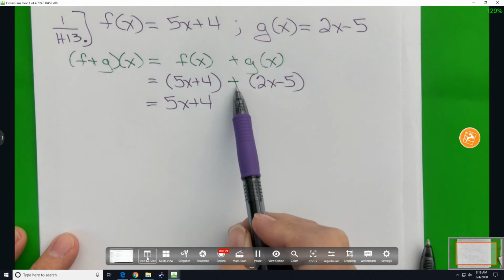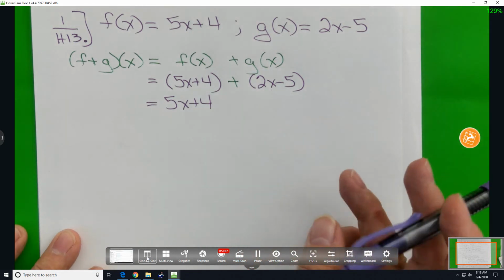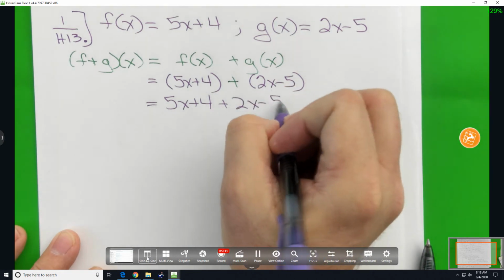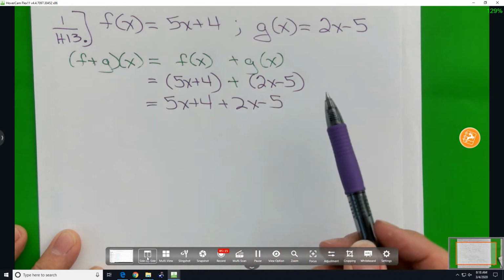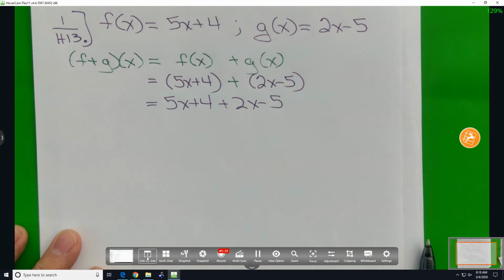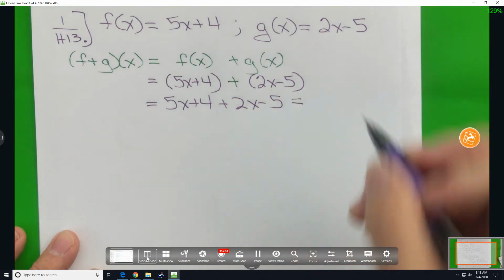What's in front of it? Just a plus? That's like distributing through a positive 1. Is anything going to change? No, so that just stays a plus 2x minus 5. The parentheses I put there are both unnecessary parentheses. Now for f minus g, I bet you we're not going to have two unnecessary parentheses. Let's see, but let's finish this one.